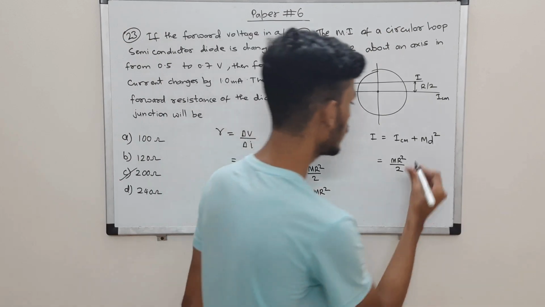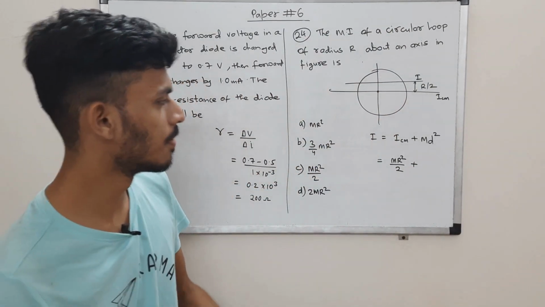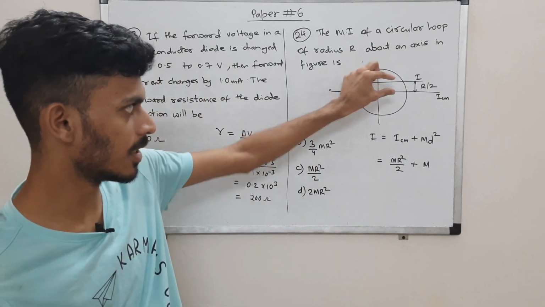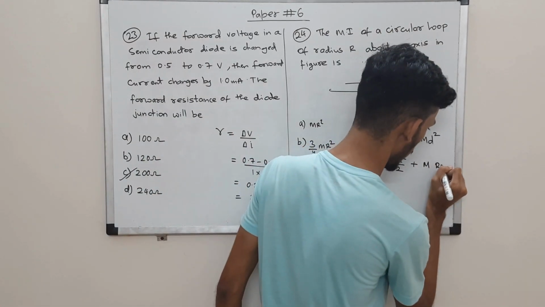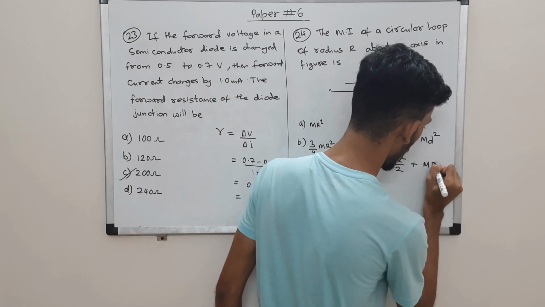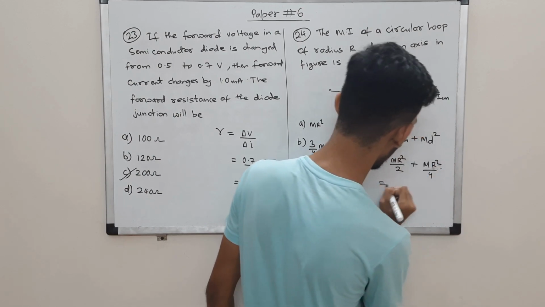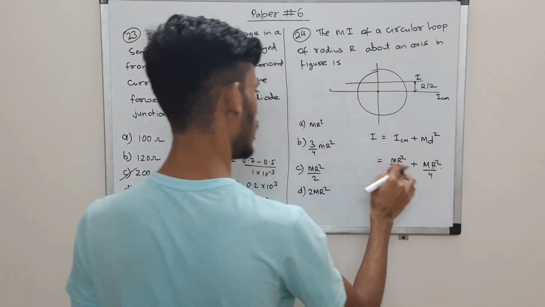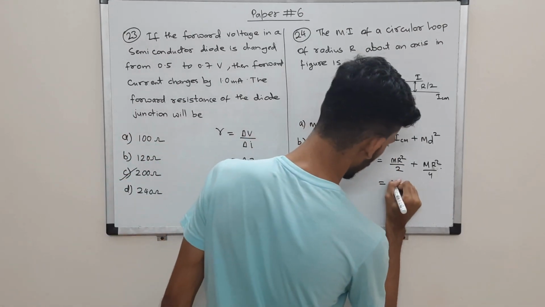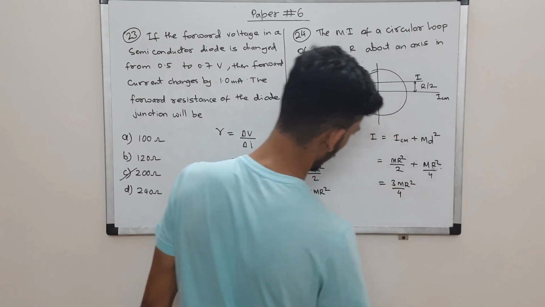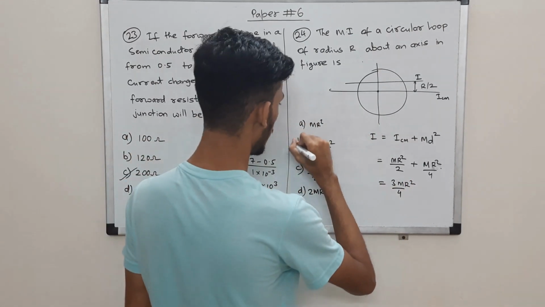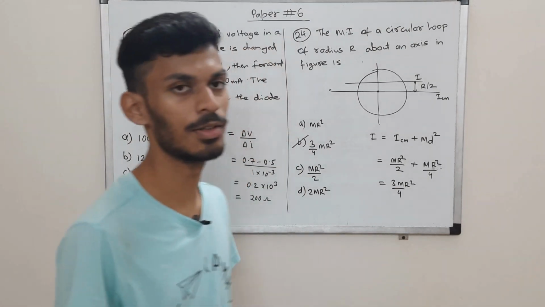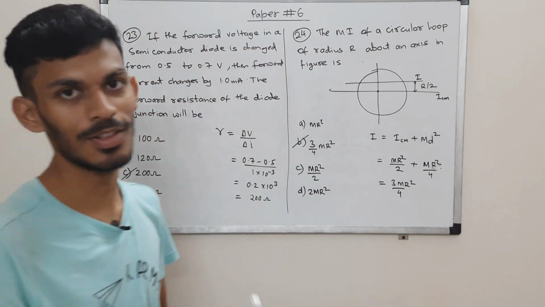Plus mass m, and d square, the distance between the two axes squared. So (r by 2) square will be r square by 4. If you take the LCM, that will be 4, and 2 plus 1 gives 3, so 3 mr square by 4. So option B is the correct choice over here. Two simple questions over here. Over to the next question.